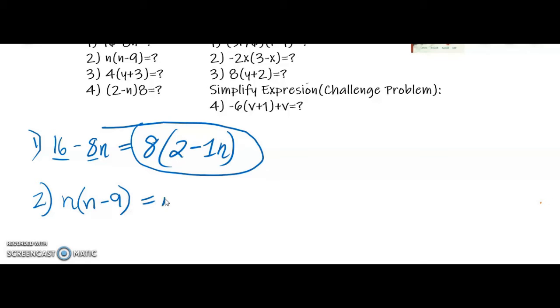So n times n is equal to n squared, and n times minus 9 is equal to minus 9n. So I'm just going to rewrite this, but your answer would be n squared minus 9n.